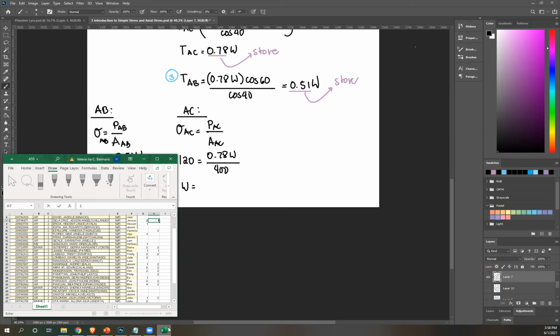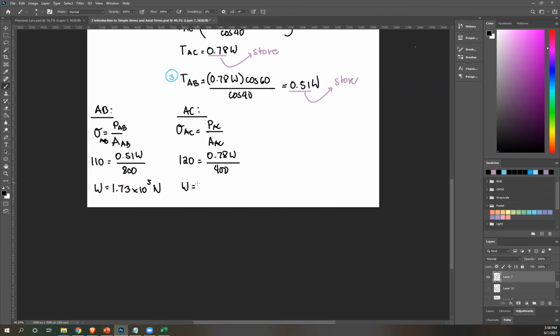It's 61,538.46 newtons, or 61.53 kilonewtons. Okay, so again, you can just write it this way. 6.17. Here's the stored value. Let me check.